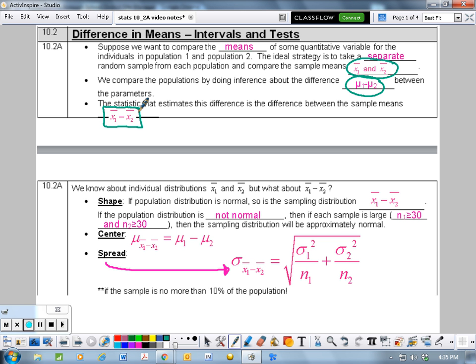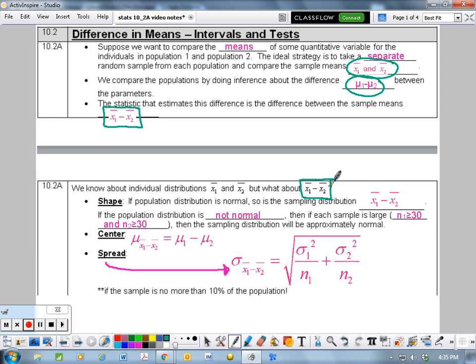So we know these about the individual distributions, x1 bar and x2 bar. We know quite a bit, but what happens when we combine them into one distribution? Well, we know that if our population distribution is normal, so is the sampling distribution.